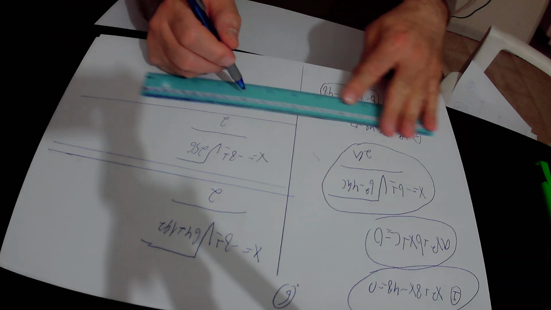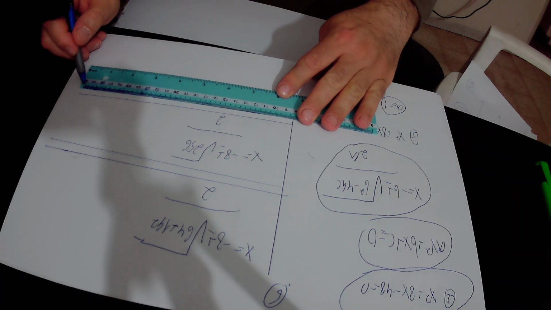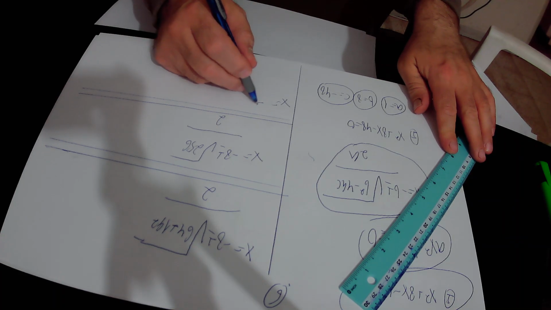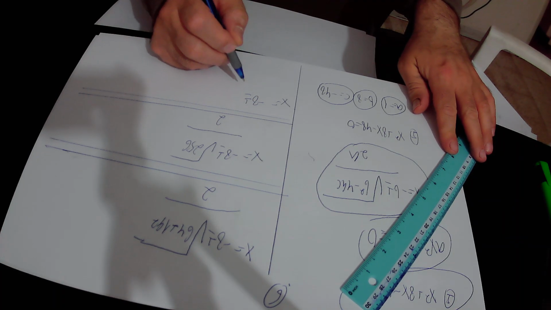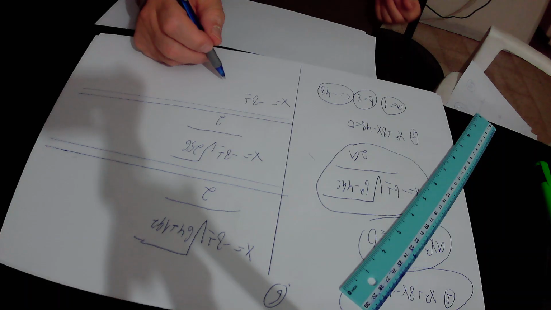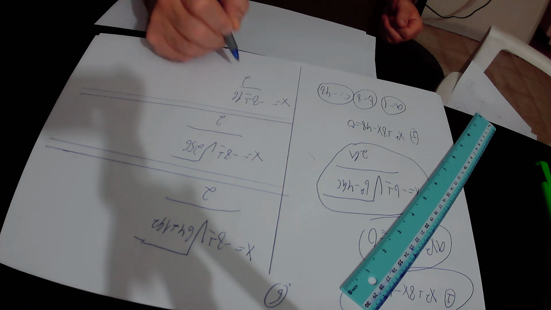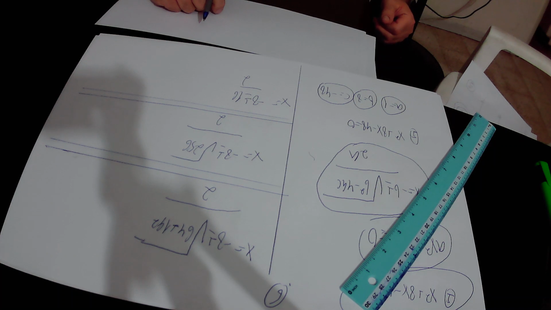So x equals minus 8 plus minus, and the square root of 256 is 16, divided by 2. So here we have two solutions that are possible for x.